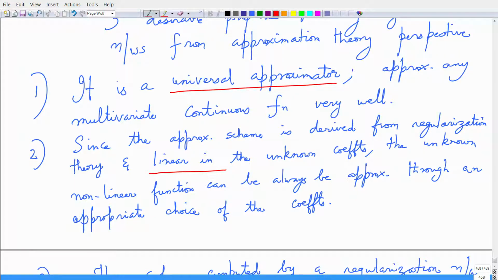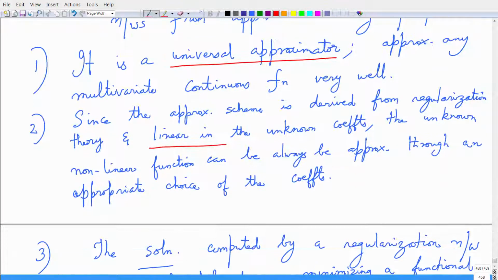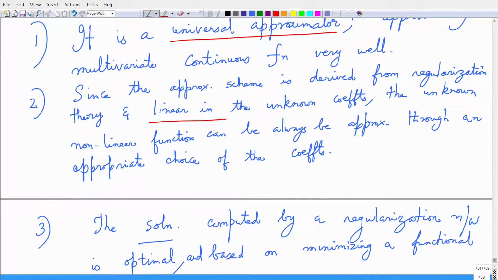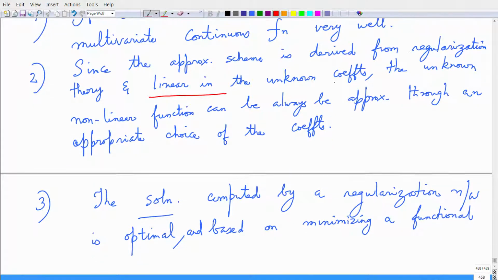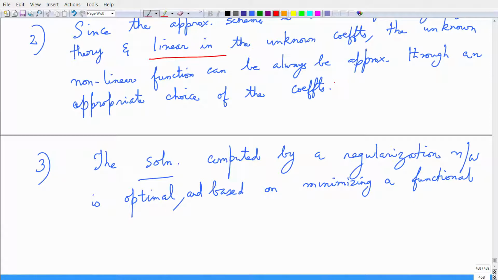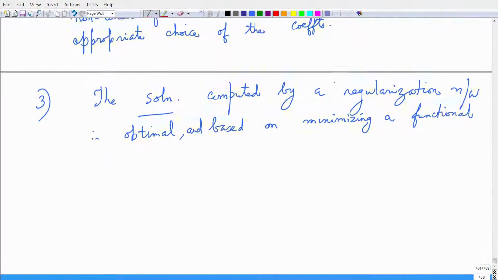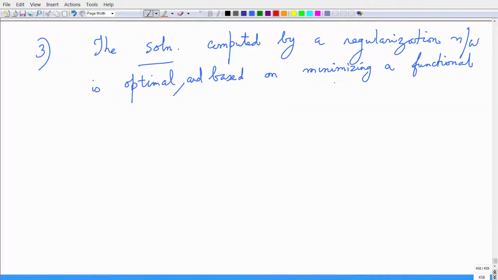So, they can approximate multivariate continuous functions pretty well, and the approximation scheme is derived from regularization theory and linear in the unknown coefficients that can be appropriately solved, and the solution itself is computed based upon minimizing a functional, and this is the Tikhonov functional, and therefore it is optimum. So, this is a desired property. Okay. So, with this we will end this module, and we will work further.